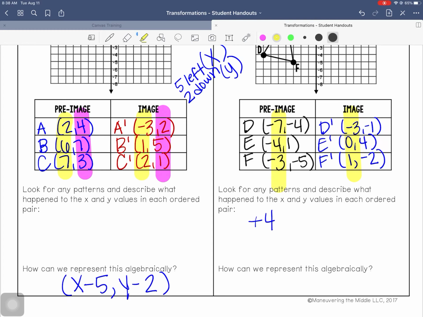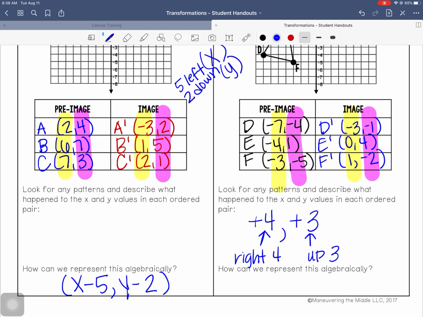And if we're looking at our Y values, going from -4 to -1, we are going up 3. Put a comma between them. That looks like X, Y. So we had to the right 4 and up 3. Our algebraic representation will be X plus 4, Y plus 3. Again, refer to the bottom of the page to see these rules written out.